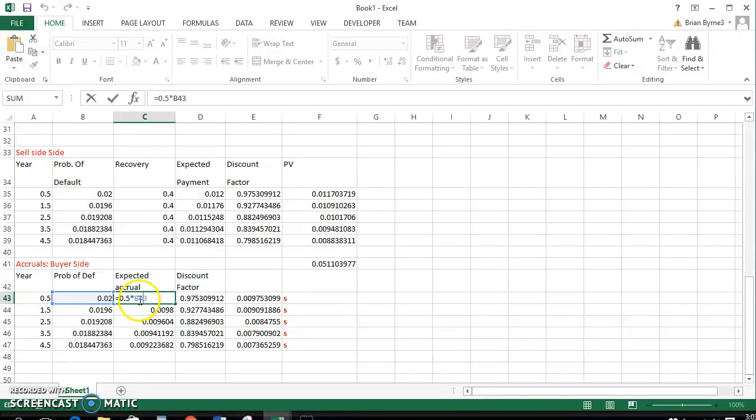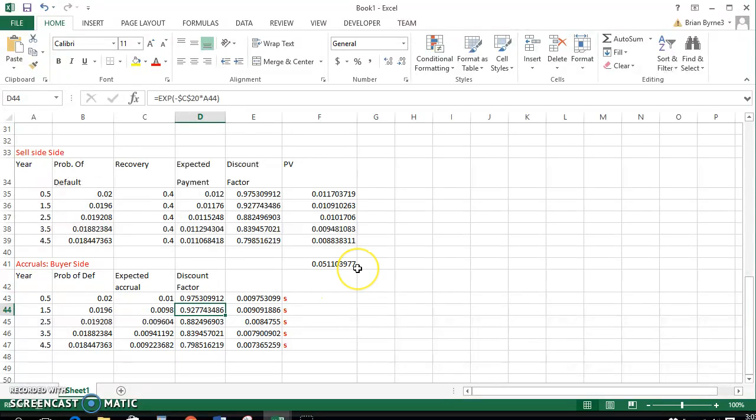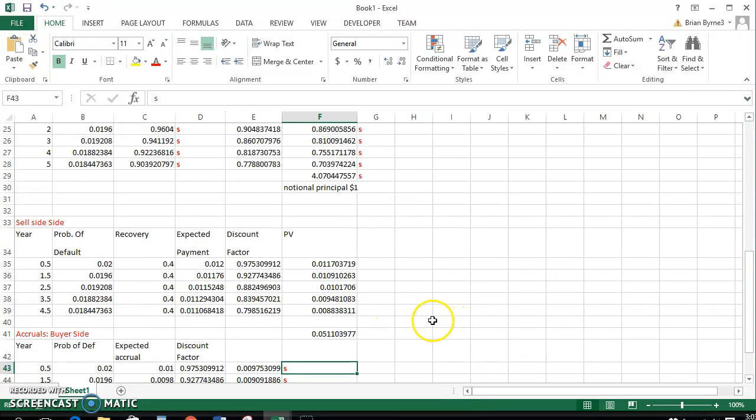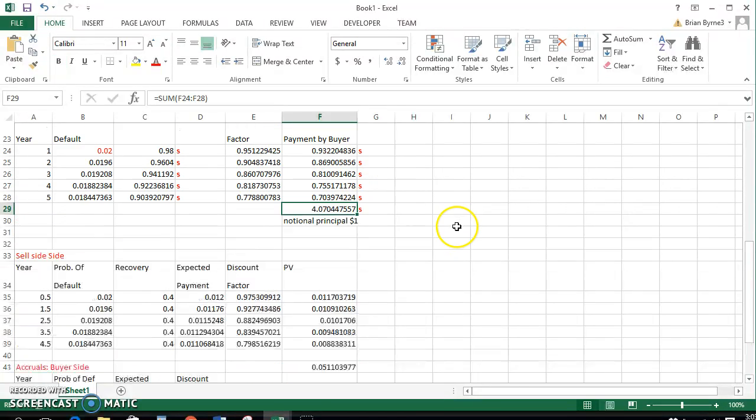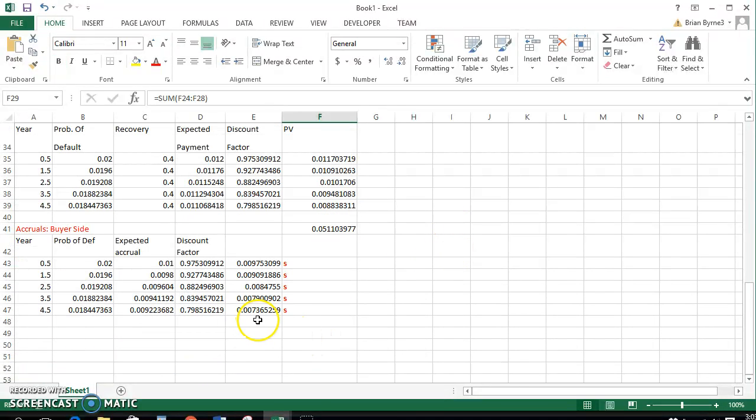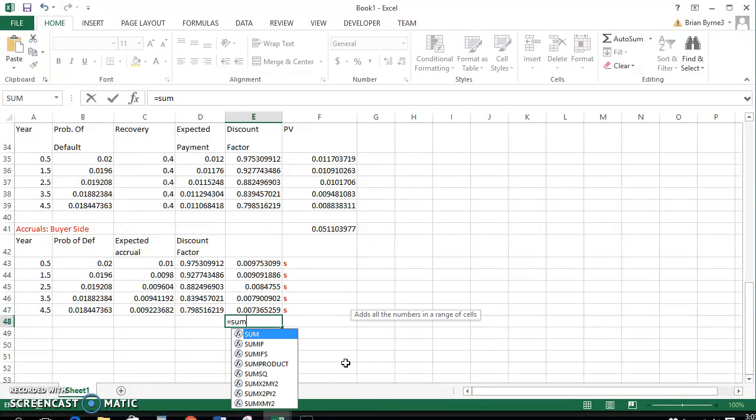Half of that would be 0.01. And then when we apply discounting to that amount, based on the 5% continuous rate, we get 0.00975 S. Okay, so in addition to the 4.07 S, we must take into account accrual. So we sum.